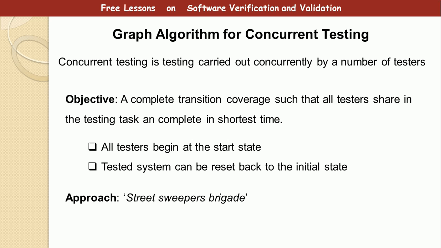So the objective is complete transition coverage, so that all the testers share in the testing task and complete it in the shortest time. The steps are that all testers begin at the start state, and the tested system should be able to reset back to the initial state. The problem is sometimes called the street sweepers brigade.